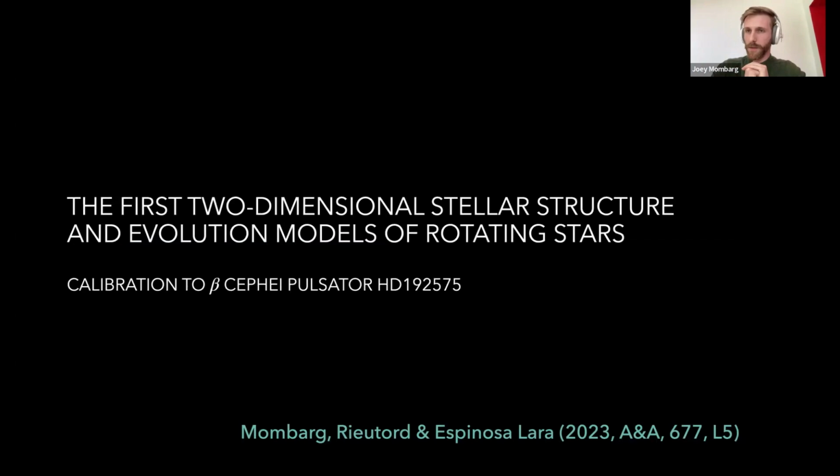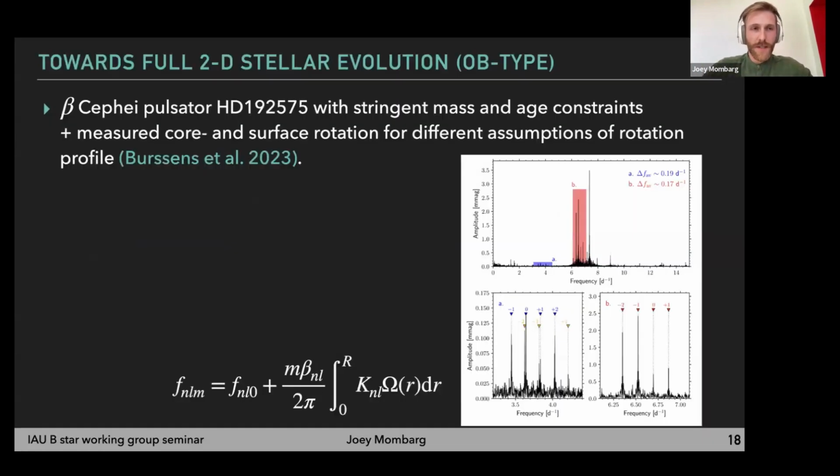I'm now going to show you that we can reproduce at least one star, which is always a good thing to do. This star is a Cepheid pulsator, a massive pulsator. The great thing about this star is that it has rotationally split modes that can be identified.